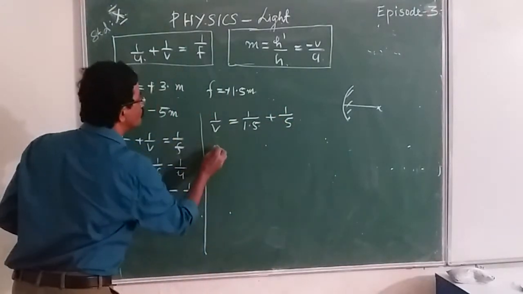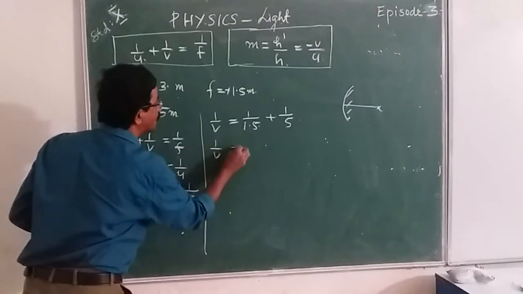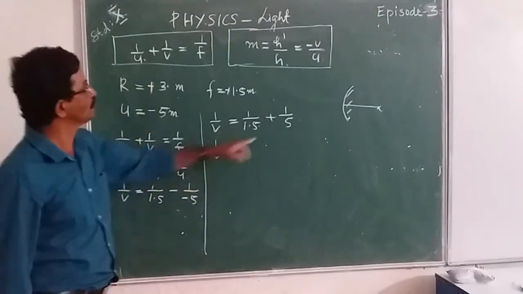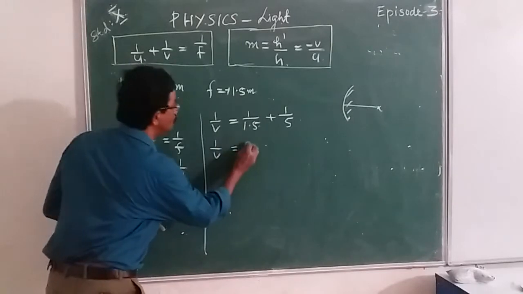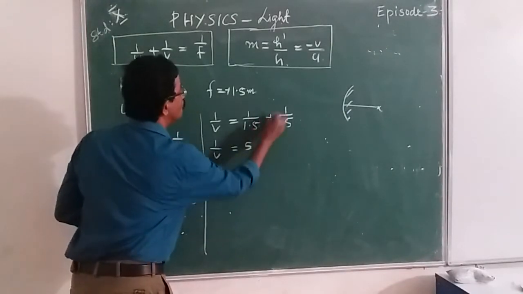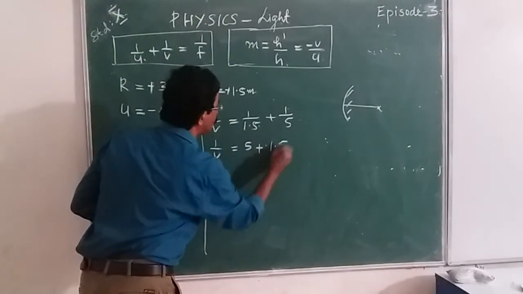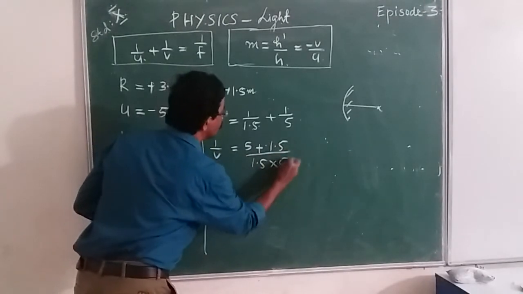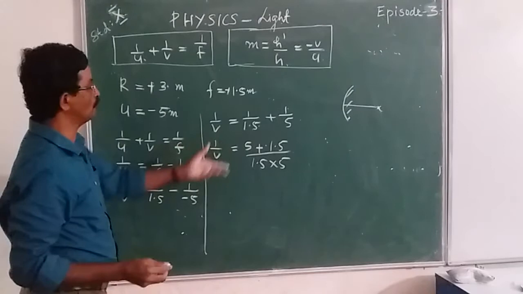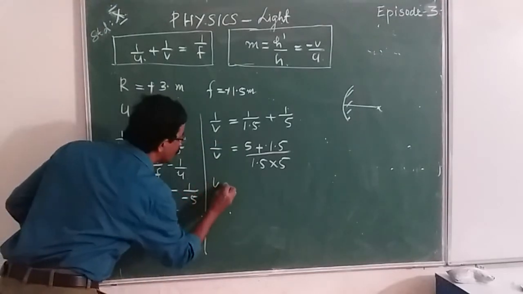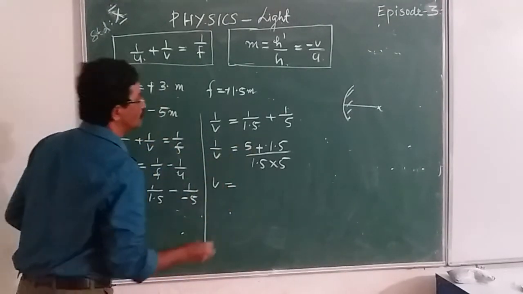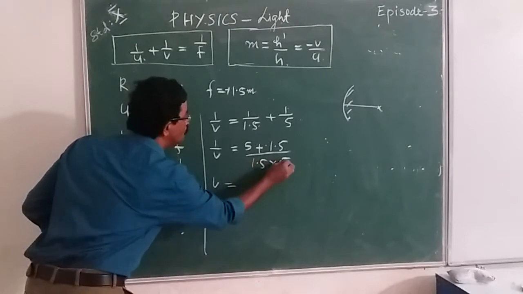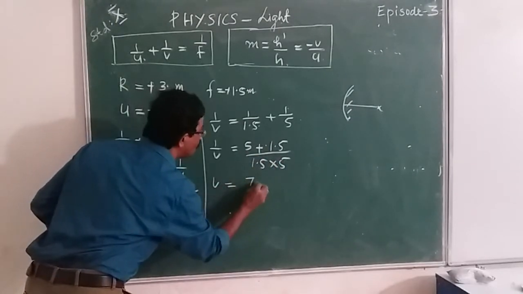We can cross multiply and simplify: 5 into 1, 5 plus 1.5, divided by 1.5 into 5. Now take the reciprocal and simplify. v is equal to how much? 1.5 into 5, that is 7.5.